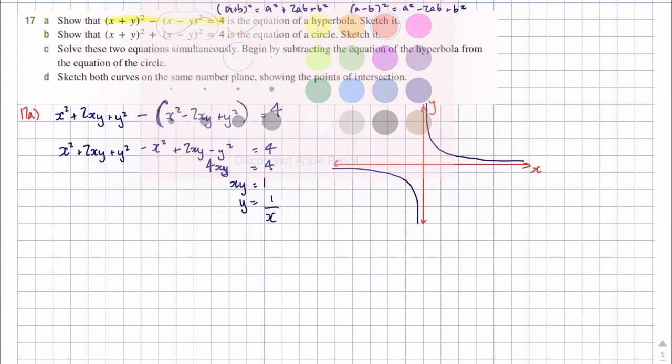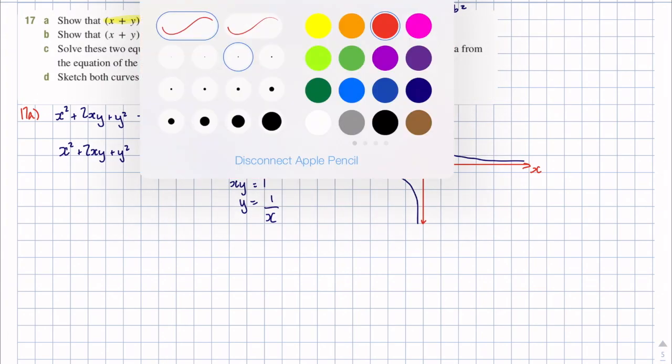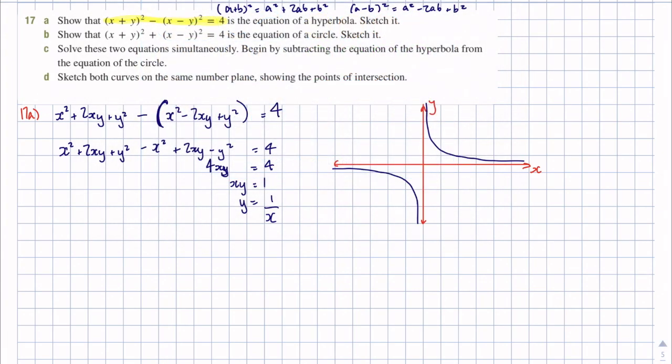Okay, 17b. I did say that I was going to do this by difference of two squares. So remember, difference of two squares: a squared take b squared is a take b, a plus b.